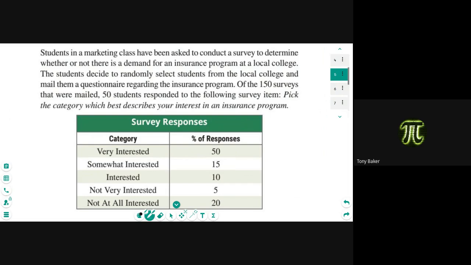It's like, okay, that's just junk mail. Throw it away. So by mailing it out instead of doing it through email, they might have eliminated a lot more of the younger population. We don't know who responded because we don't have that data, but that might be an internal bias.